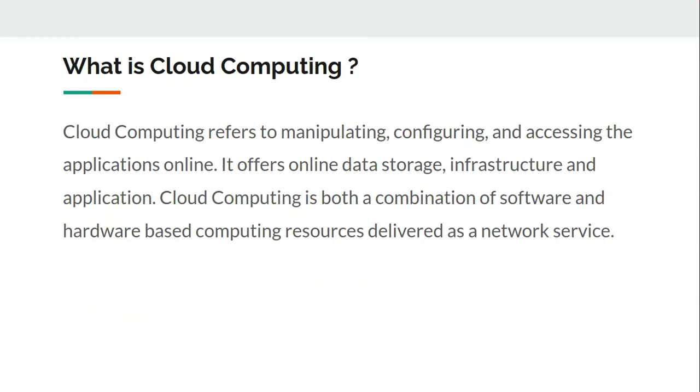What is cloud computing? We say cloud computing refers to manipulating, configuring, and accessing applications online. It offers online data storage, like your Google Drive. Google Drive is an online data storage. You're able to store things there, Google Photos, infrastructure, and application. Some people have their IT infrastructure in a remote area.